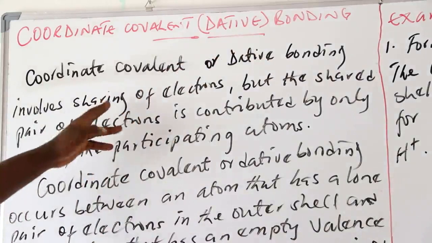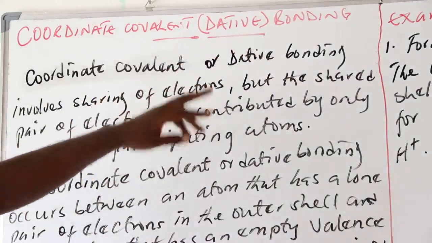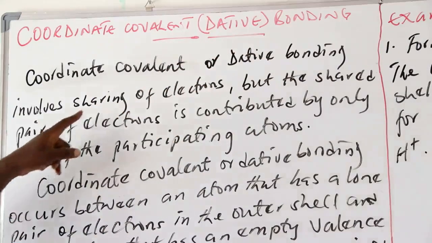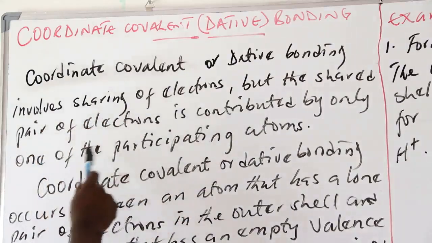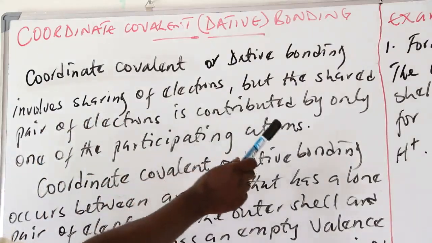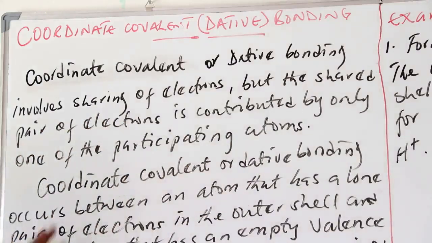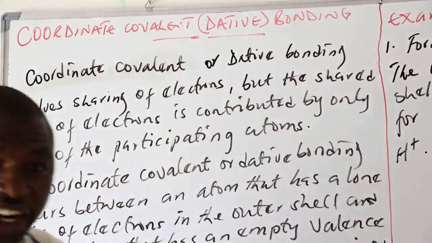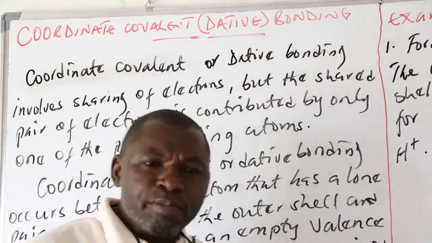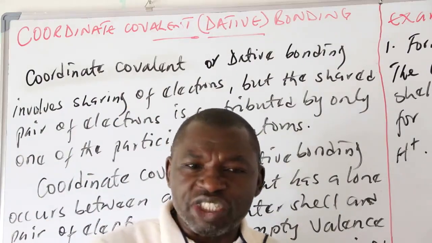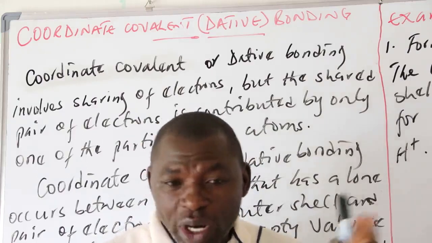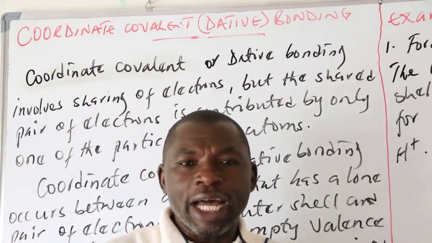I say coordinate covalent or dative bonding involves sharing of electrons, but the shared pair of electrons is contributed by only one of the participating atoms. Remember, covalent bonding involves sharing, but in covalent bonding, the pair of electrons to be shared are contributed equally by the participating atoms.